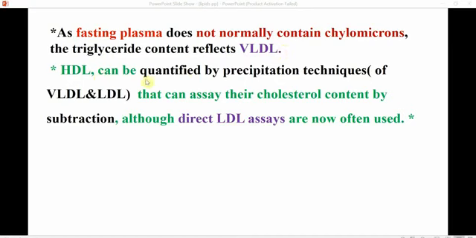Very low density lipoproteins can be quantified by a precipitation technique, when we use specific kits to precipitate the VLDL and the LDL particles, and then easily assay the cholesterol content by subtraction. Other kits are now available to directly measure the LDL particles without the need to precipitate other particles, and then to measure the HDL.